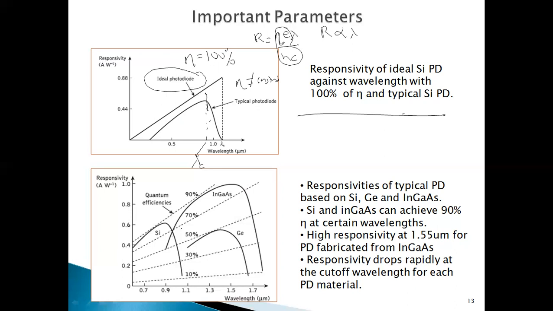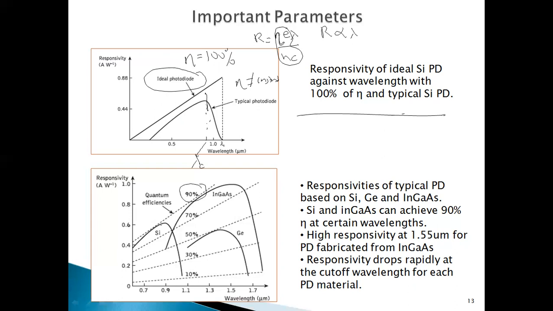the silicon and also the indium gallium arsenide material, both of them can achieve up to 90% of eta, or up to 90% quantum efficiency. This is a line, a line which shows that a responsivity graph which intersects with this line will achieve 90% quantum efficiency.